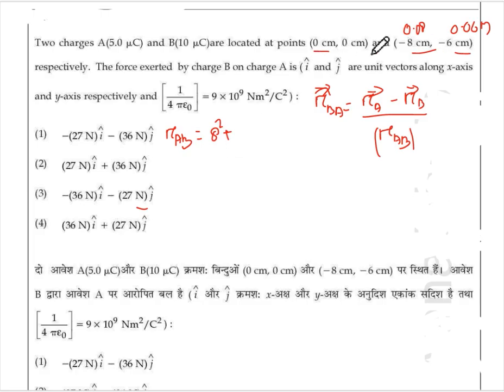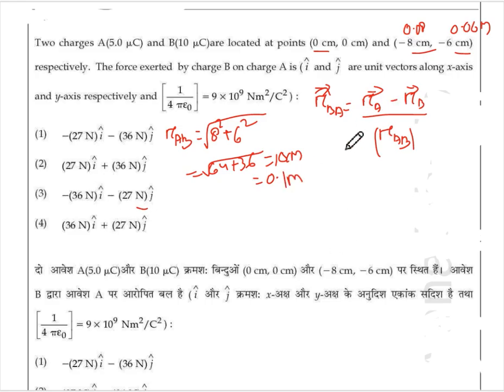Then 6 minus 0, so 6 square, root over. So it is 64 plus 36, root over, which is 100, root over is 10 centimeter. So in meter it will be 0.1. So the answer will become 0.1 meter.